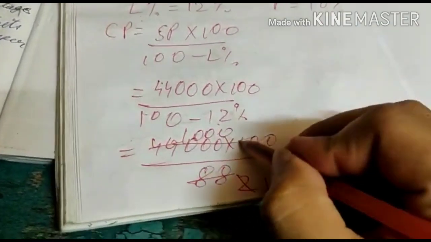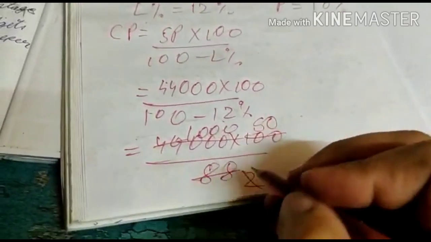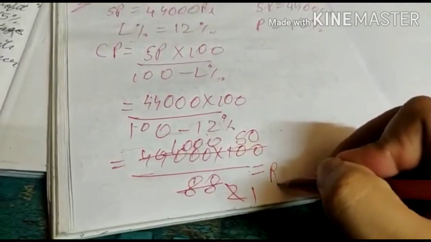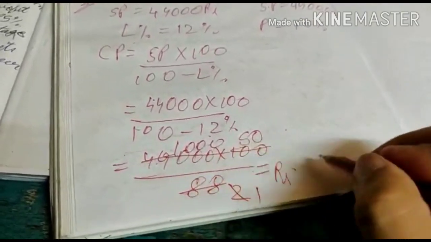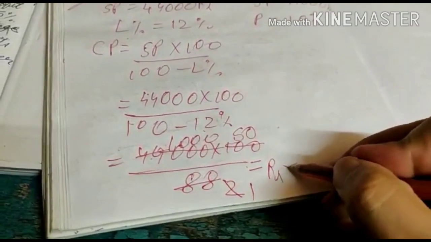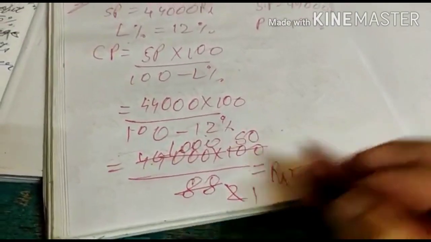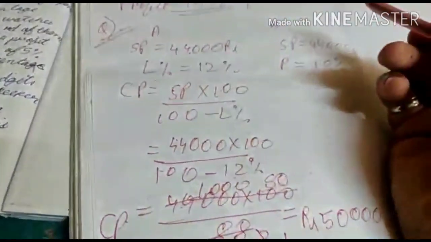This 2 is reduced by this 50. So here the CP is 1000 into 50, that is 50,000 rupees was the CP for the first product, and its SP is 44,000.